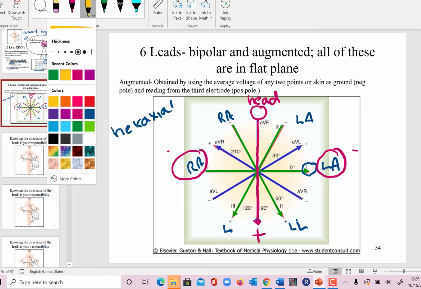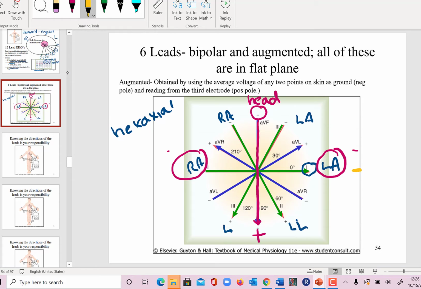There we go. So AVR, pointing over your right shoulder. What are the two negative poles that the machine is taking an average from? Well, if AVR points over your right shoulder, then that means your left arm is being held negative.